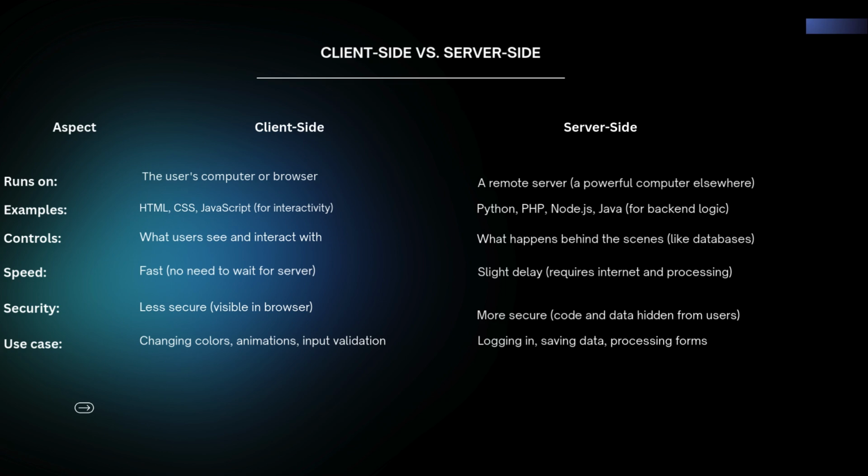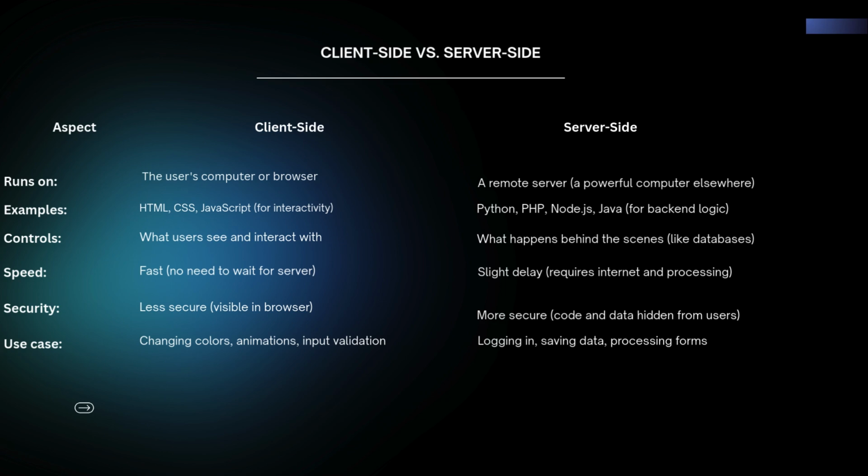Examples of the technology used here are HTML, CSS, and JavaScript, mainly for interactivity. On the server side, this is the backend, the logic. We have Python and PHP. We're going to look at this in the other class on server side web applications.